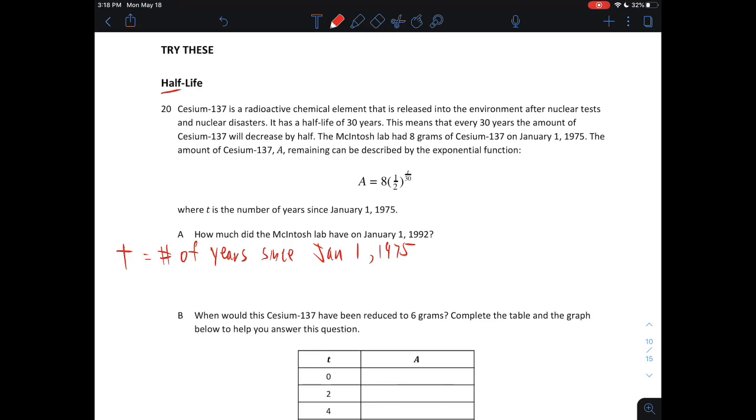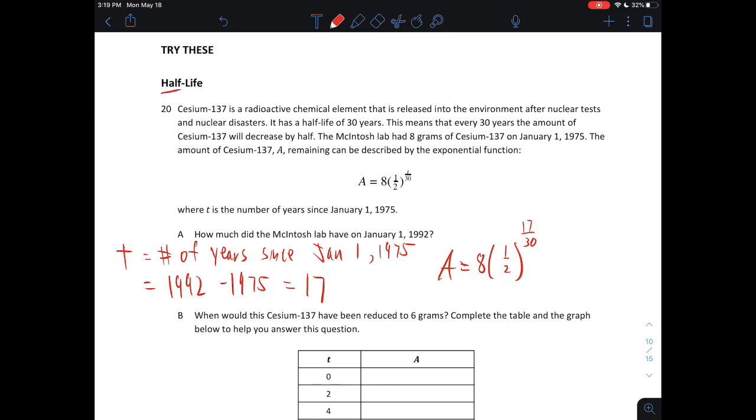Take 1992, subtract 1975, and you get 17. 17 years since then. So then capital A is 8 times 1/2 raised to the 17 over 30 power.